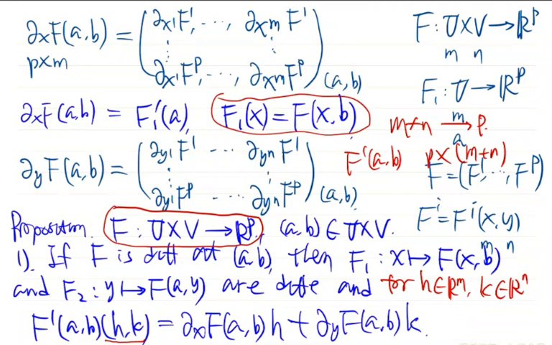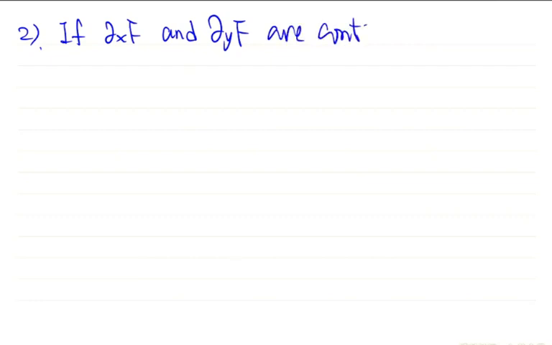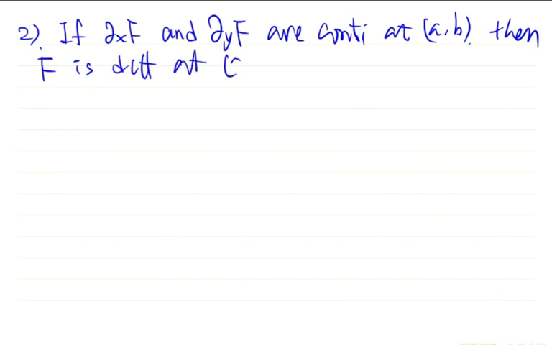Okay, and the second conclusion: if the partial derivatives with respect to x and with respect to y are continuous at the point (a, b), then the conclusion is that capital F is differentiable at the point (a, b).